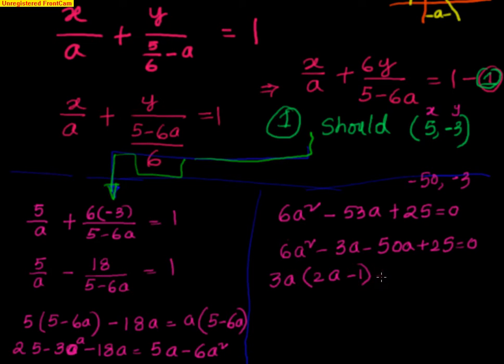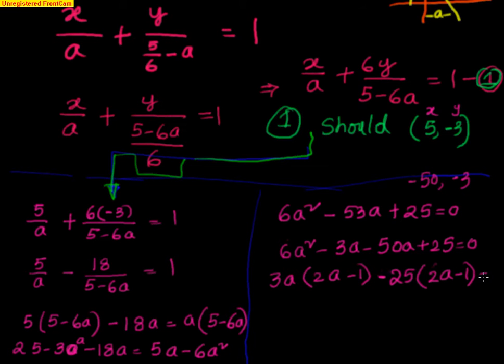So I will say minus 25, because I want to take it common. Anyway, you can take it common afterwards also in the next statement, it doesn't make any difference. But I will say minus 25 into 2a minus 1.